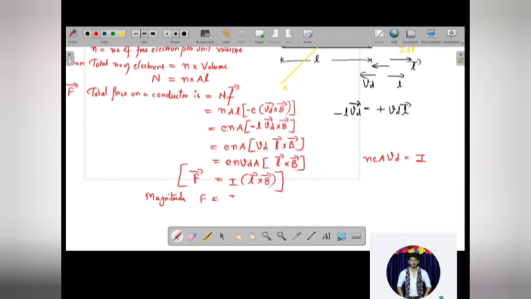So F will be equal to I L B sine of theta, where theta is the angle between the L vector, which is taken in the direction of current, and the B vector. I'll write here: theta is the angle between the direction of B and the direction of current, that is the I vector, L vector.